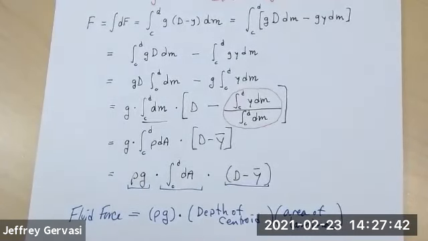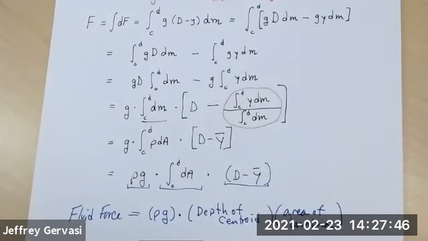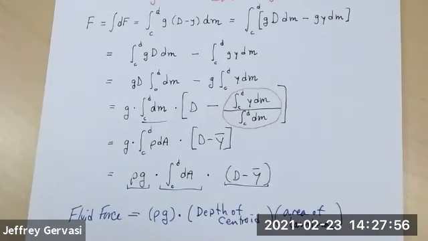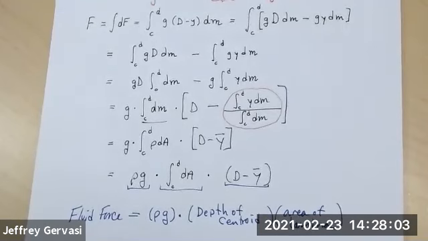What kind of shapes do you automatically know what the centroid is going to be? Well, circles for one, dead center, right? Squares and rectangles, dead center, that kind of a thing. So if you already know what the center of mass or the centroid of a surface is, then calculating fluid force can be done without the use of an integral.